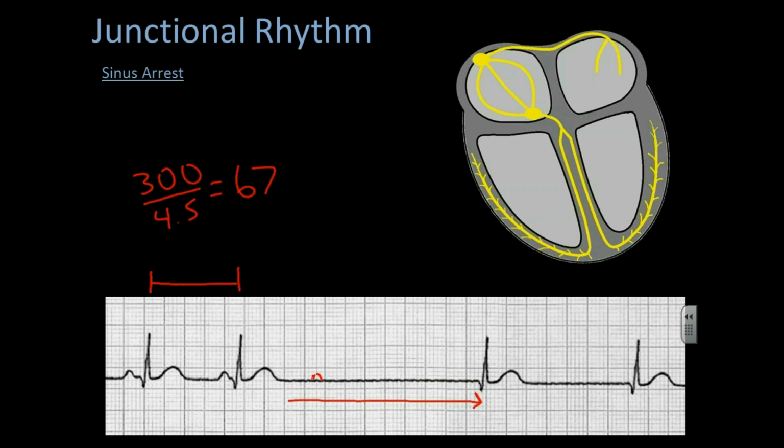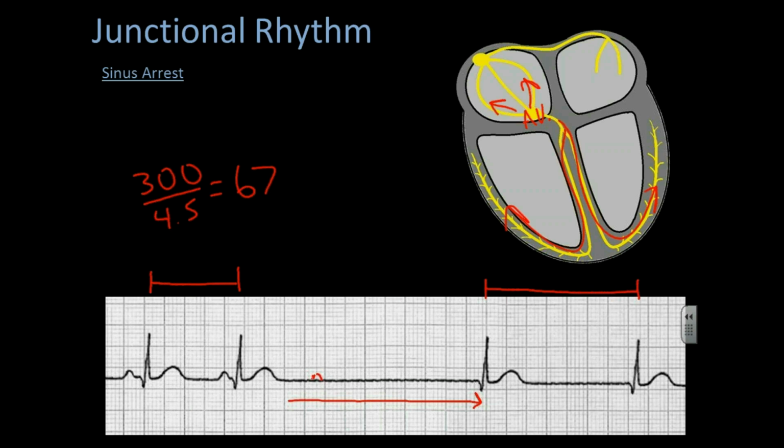And it looks like I have a hidden P wave. So the AV node finally was able to pace the heart. It has a relatively narrow QRS, and it will continue to pace the heart. Let's see what rate it's pacing at.